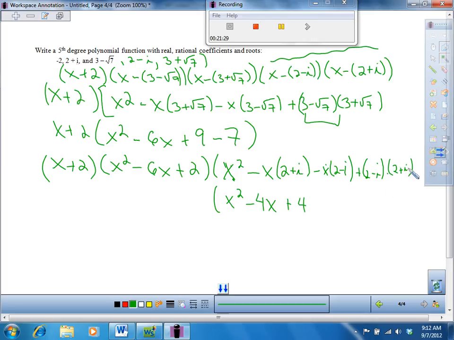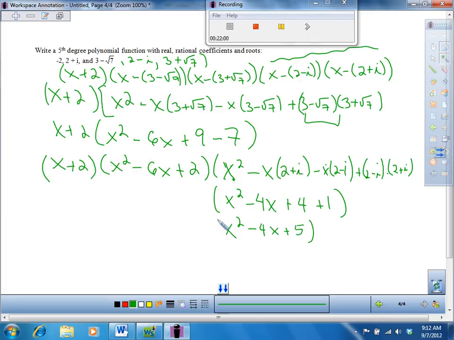Negative 2i and plus 2i cancel out. And then I have minus i squared. What's minus i squared? Positive 1. i squared is negative 1. So negative i squared gives you positive 1. So when I multiply all that out, was this a 4 or a 4x? No, that's a 4. I get x squared minus 4x plus 5.